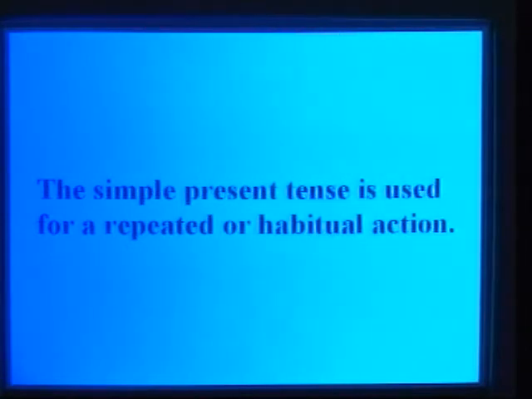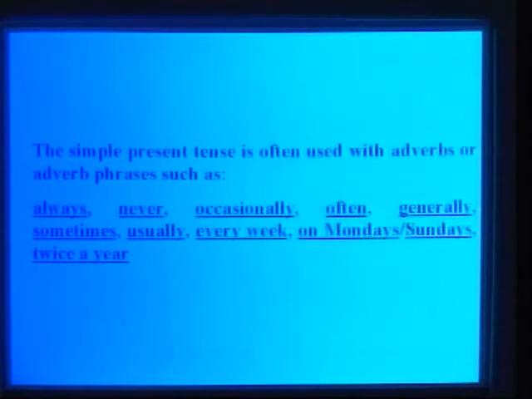The simple present tense is used for a repeated or habitual action. Is it clear? Repeated or habitual action. How can we really identify? How can we really recognize that this particular thing belongs to this particular tense form?